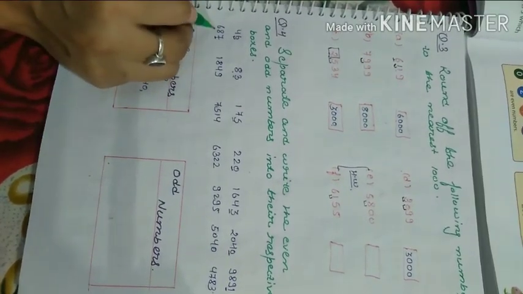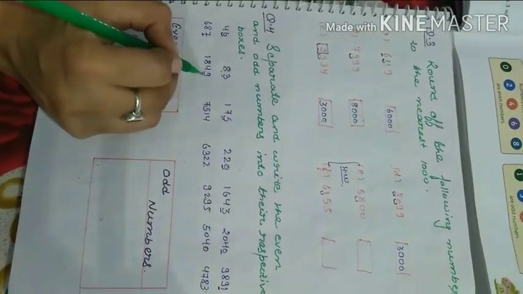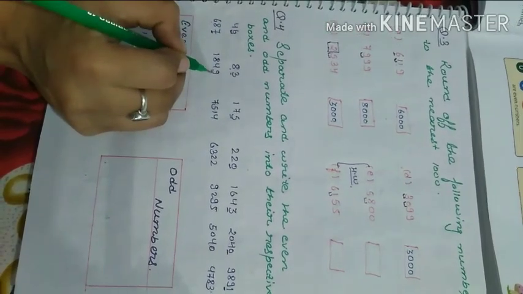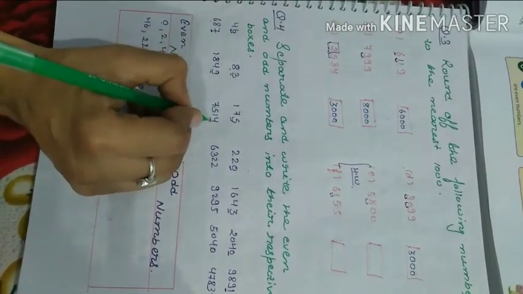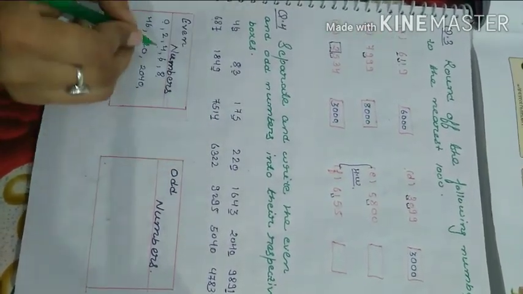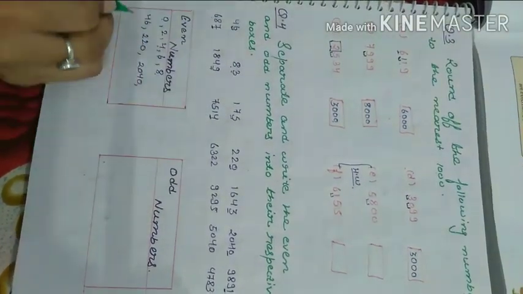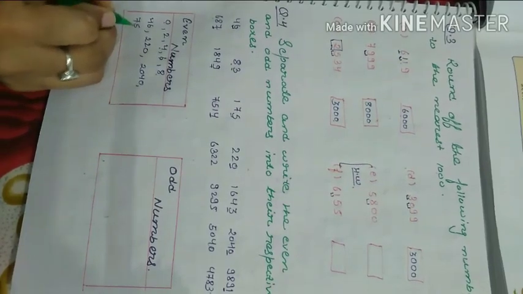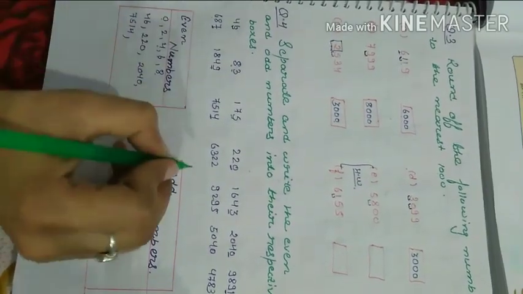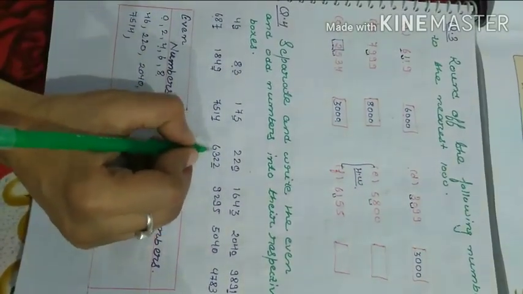So this is not our even number. Here 9 also does not come in even numbers. So this is not our even number. Here we are having 4. 4, yes, 4 comes in even numbers. So that means this is our even number. 7540.